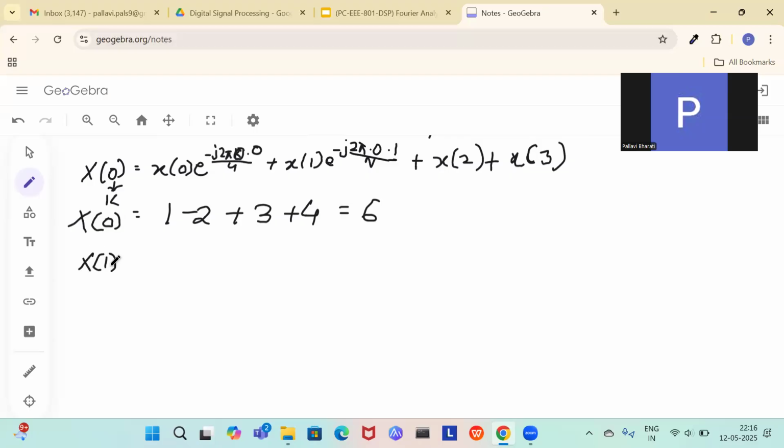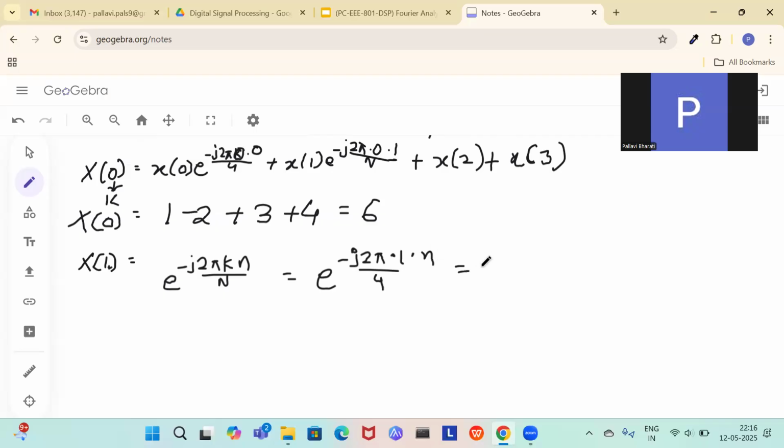Now if you find at k equals 1, see what I'll do is, first I will find out separately e to the power minus j 2 pi k n by N. You know that k is remaining fixed, the only thing changing is small n. So what I have to do is e to the power minus j 2 pi into 1 by 4 into n.